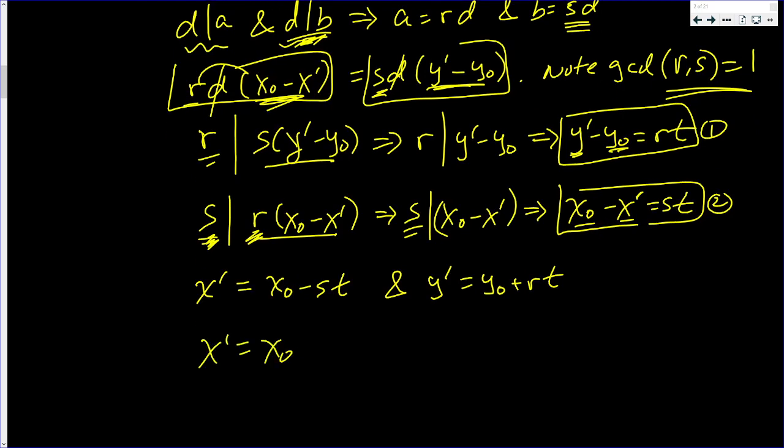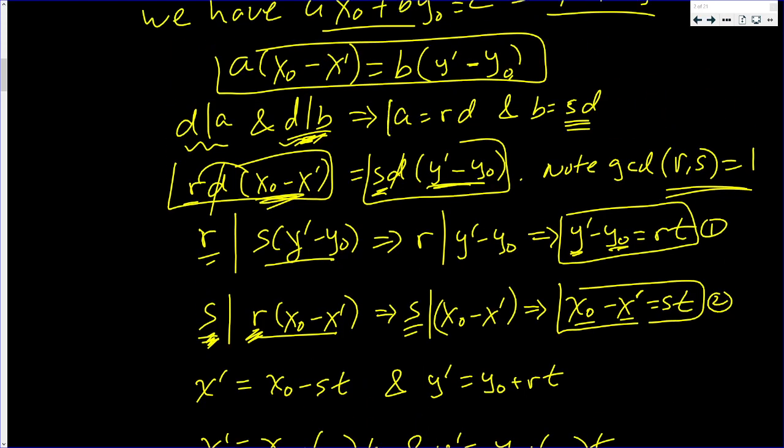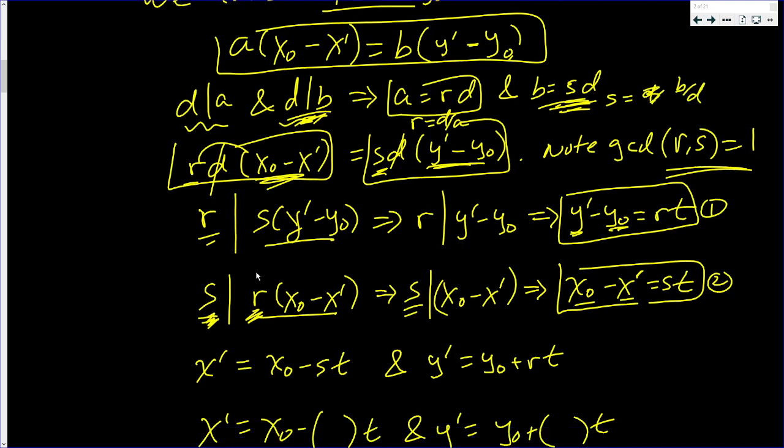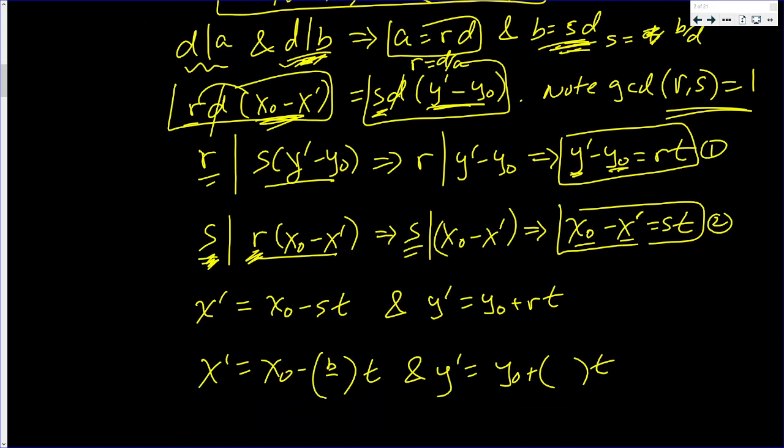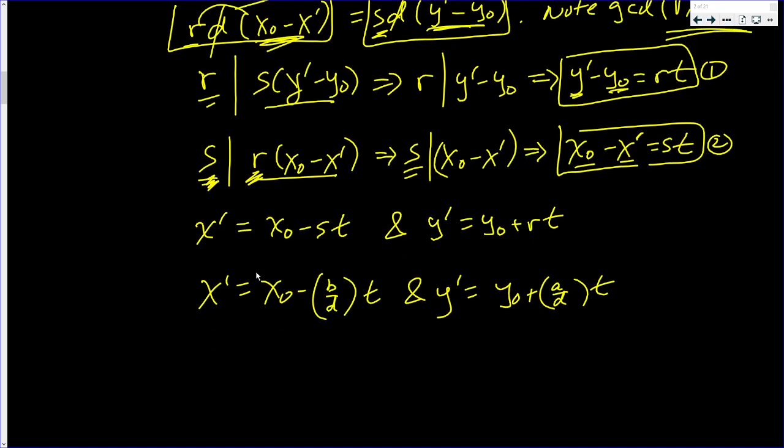X prime is x0 minus s times t, and y prime is y0 plus r times t. But up here, that tells us that r is a over d, and this tells me that s is b over d. So s is b over d, and r is a over d.